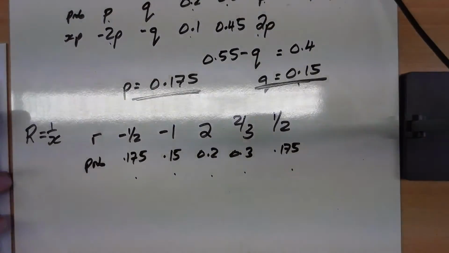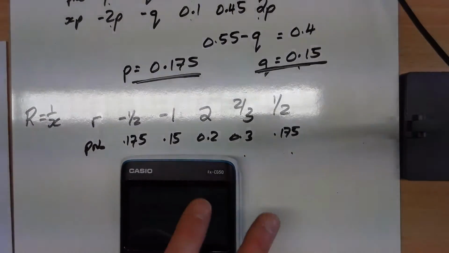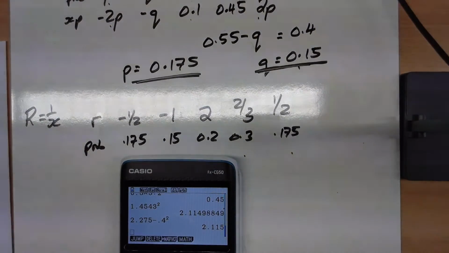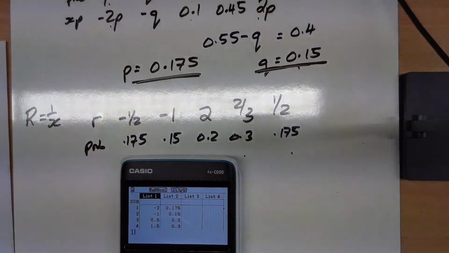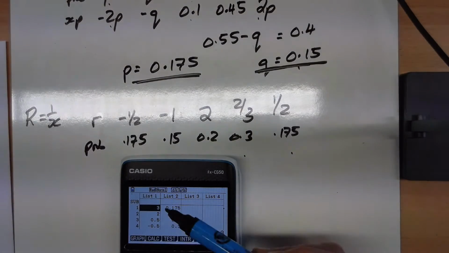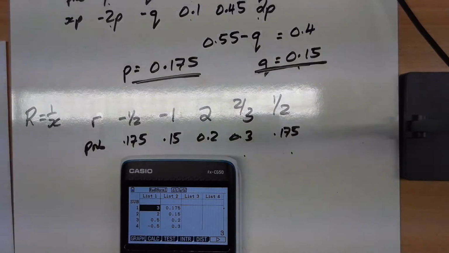Now, the bonus for staying with me for this long is that I can show you how to do this really quickly on the calculator. We already had those numbers in the statistics calculator there, so watch this really clever bit. In list 1, I'm going to type 1 divided by list 1. Whoops, I put one take away, didn't I?